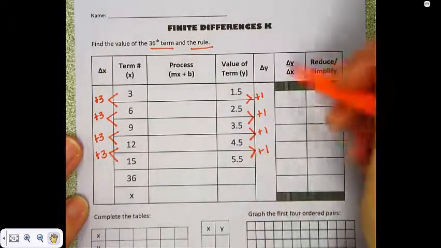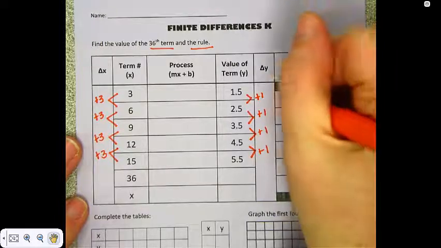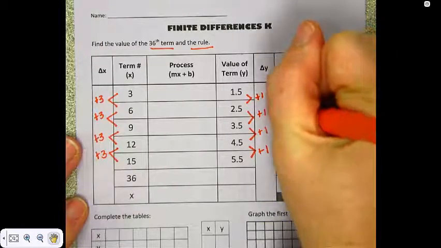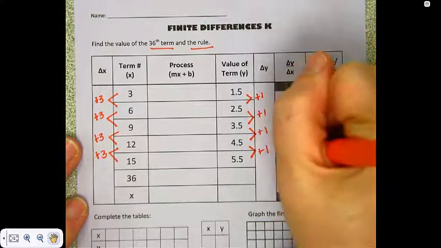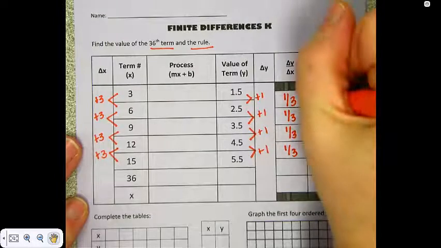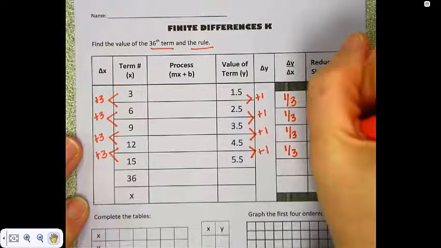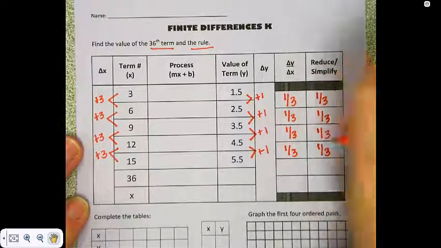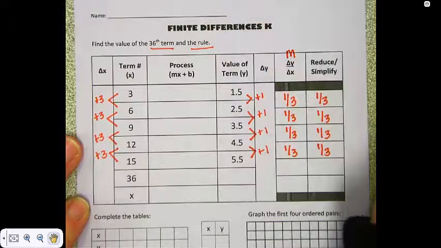So over here in this column, I'm going to write the ratio of delta y over delta x, which is 1 to 3. And I can't reduce or simplify, so that just simply means that my coefficient is 1/3. So remember that delta y over delta x is also your m.